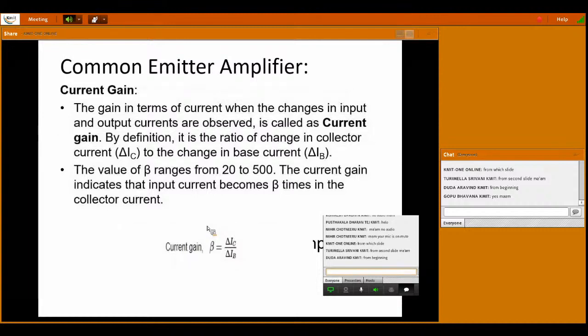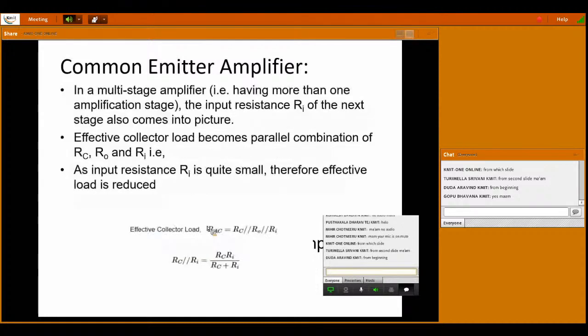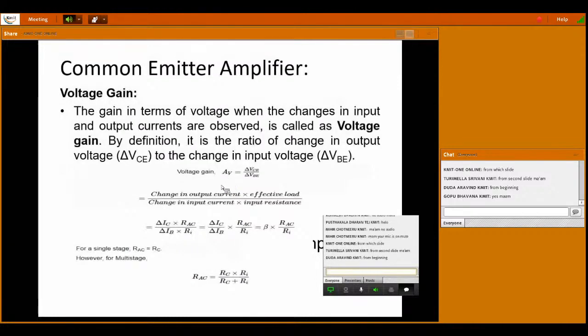Next, in a common emitter amplifier, we should also calculate the voltage gain. By definition, it is the ratio of output voltage to input voltage, where the change in output voltage is the product of the change in output current and the effective load. And the change in input voltage VBE is the product of the change in input current and the input resistance.